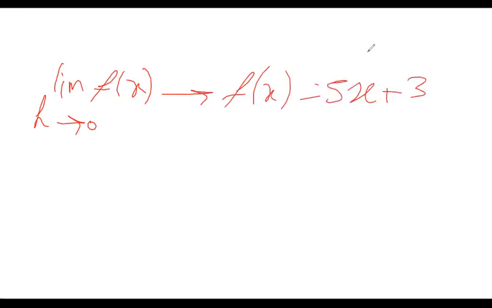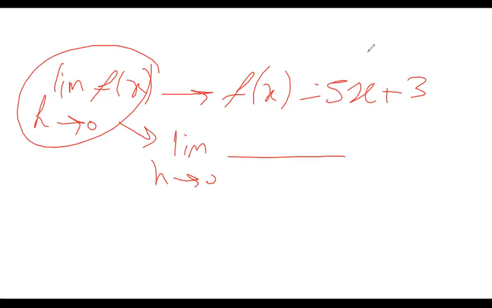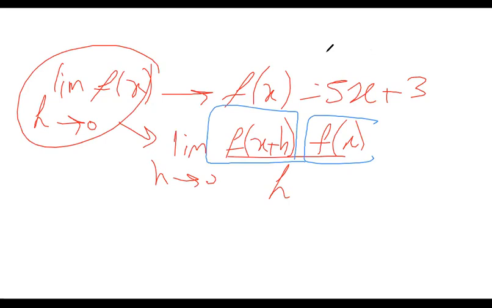Now, to evaluate this limit, it is given as the limit as h approaches 0 of f of x plus h minus f of x, all over h. In order to solve this one, we will start by finding each part. So here we have f of x plus h.